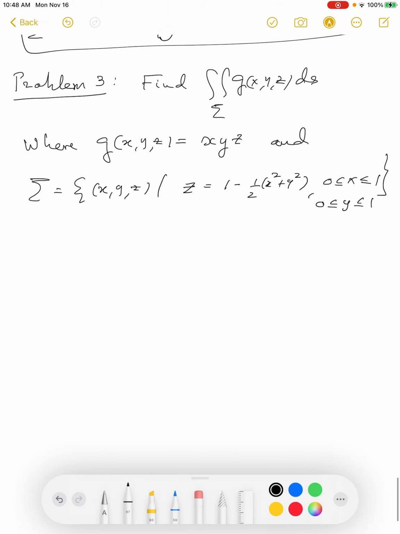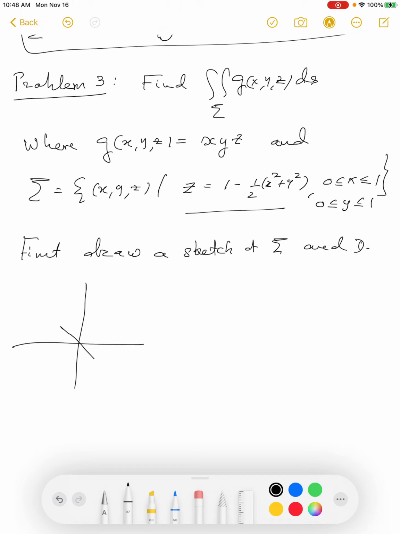So always as before, first step will be first draw a picture. Sketch of sigma and D. So now you see that this surface is going to be, this is something you should be able to see. It's a parabolic cone. When z is 1, x and y should be 0. When z is 0, x square plus y square is 2. So that's a circle of radius 2.